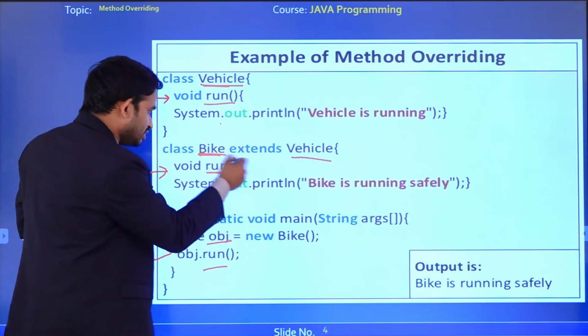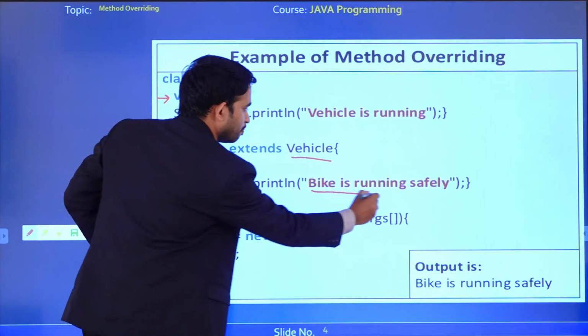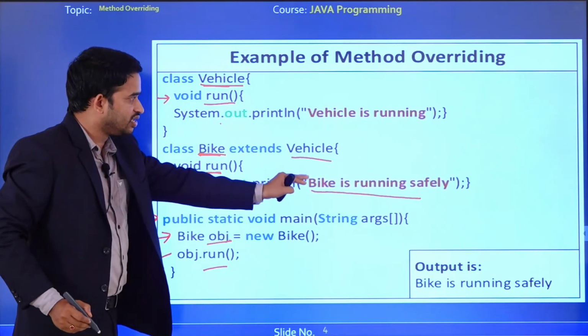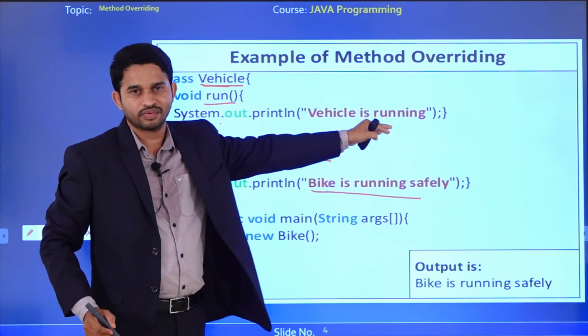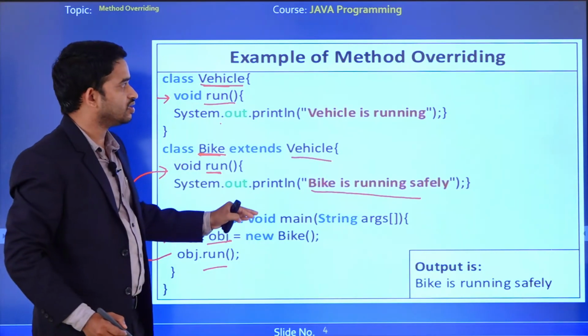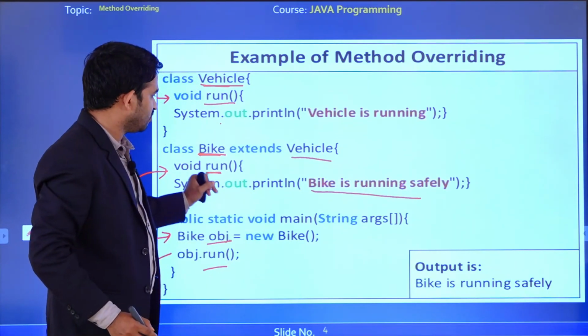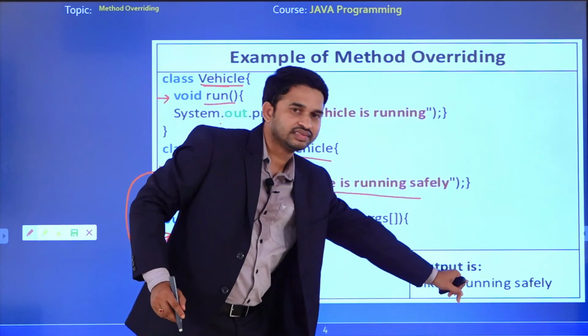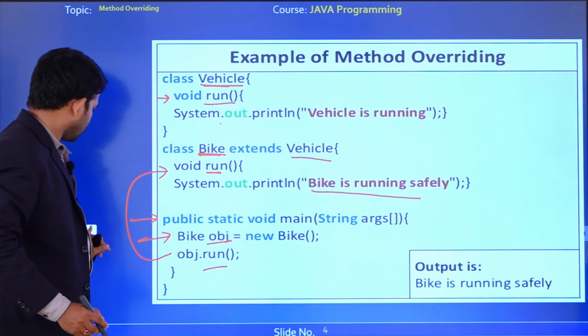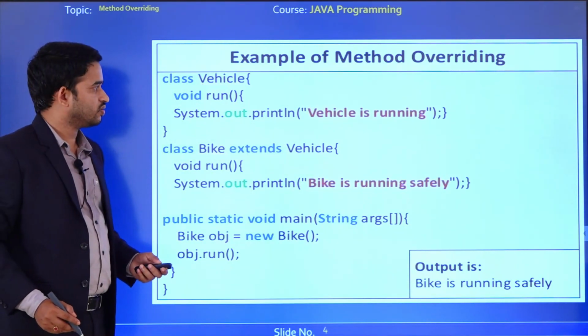In the Bike class we implement Bike is running safely, which overrides Vehicle is running. This is the meaning of method overriding. What is the output here? If you call this run method, it will display Bike is running safely. So this is about method overriding. Okay, thank you.